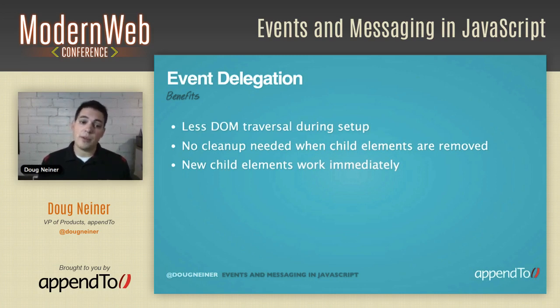There's no cleanup needed when the child elements are removed. You don't have to stop listening or unbind something. New child elements work immediately. So if you're loading data in via AJAX or using local templating, all of those event handlers don't have to be bound and rebound for that new code to work. As long as it matches the selector or the test that you're running against it, it will work.